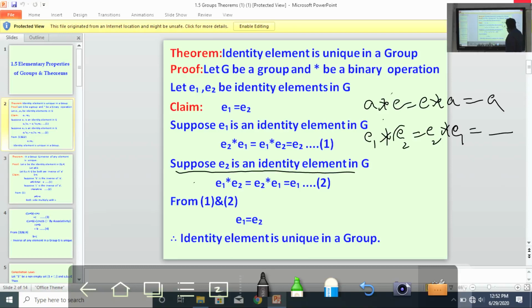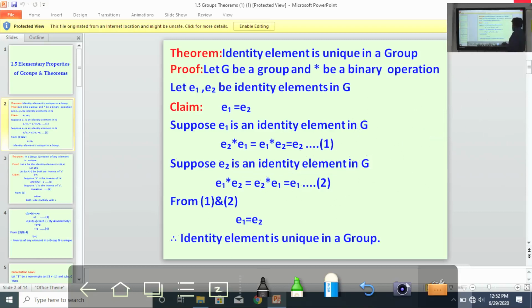Here E2 is the identity element, E2 is our supposition. So now we get A, what is A? E1. Therefore E1. This is the second equation. Understand?